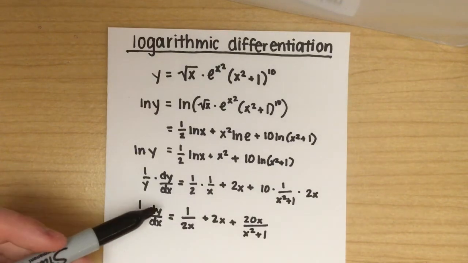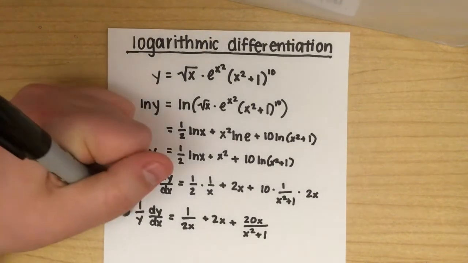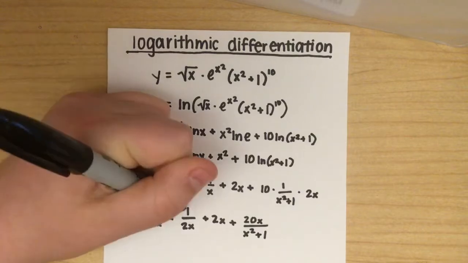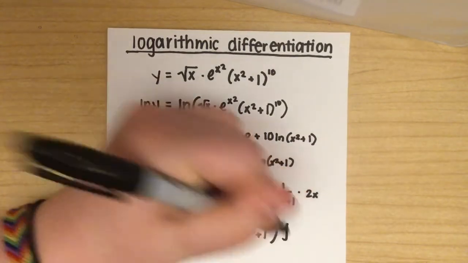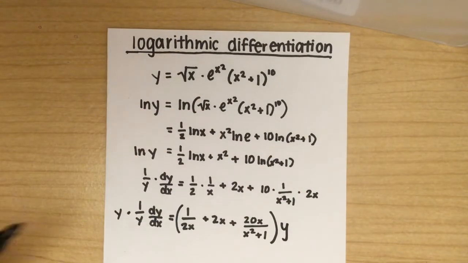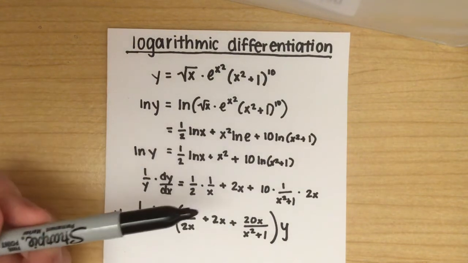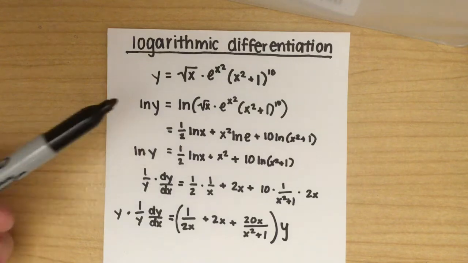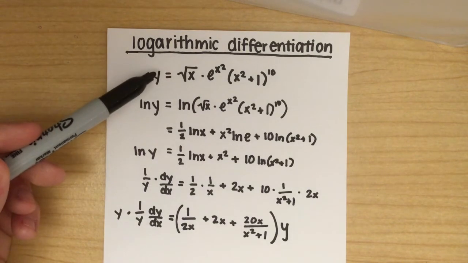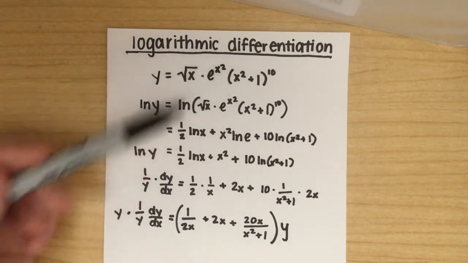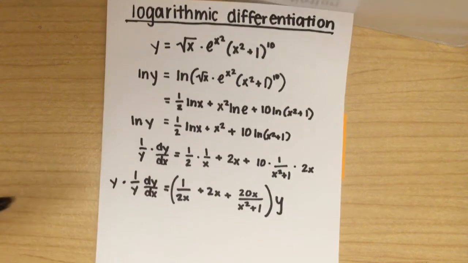So now to get dy dx alone, we're going to multiply y on both sides. But when you do this, since we can't have y over here since we're just solving for x, we're going to plug in what y equals up here for y.